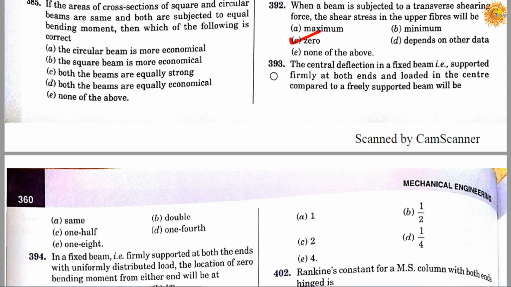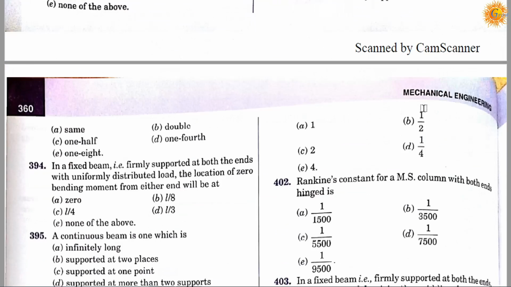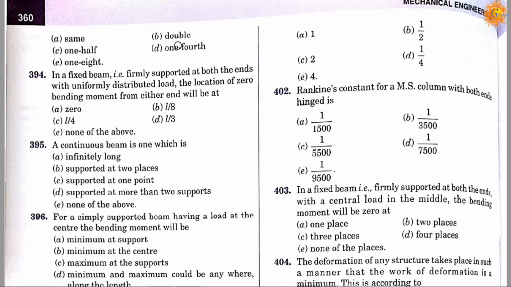Question number 393. The central deflection in a fixed beam, that is, supported firmly at both ends and loaded in the center, compared to a freely supported beam will be: option A, same; option B, double; option C, one half; option D, 1/4; and option E, 1/8.